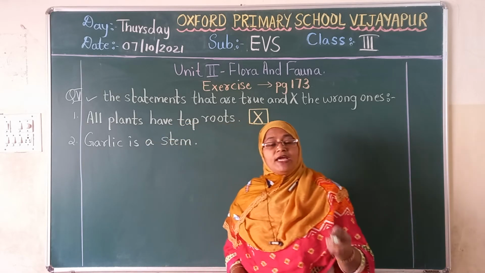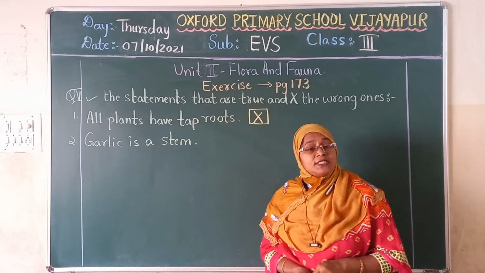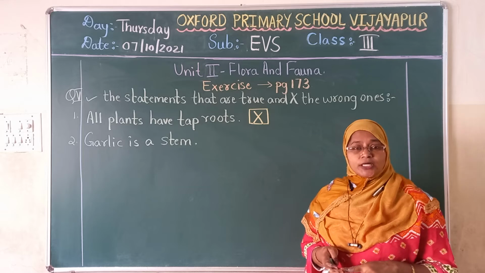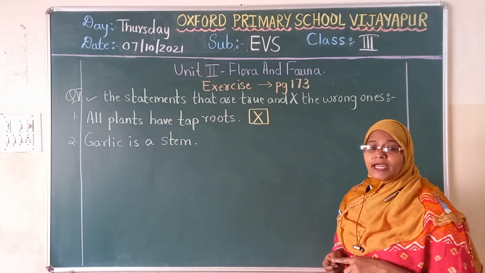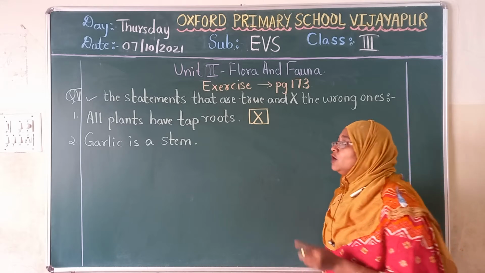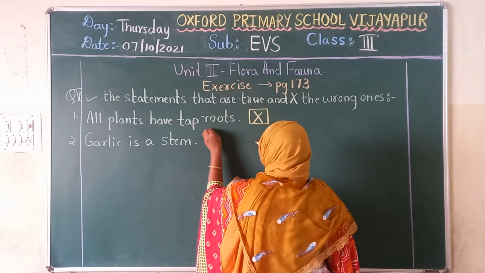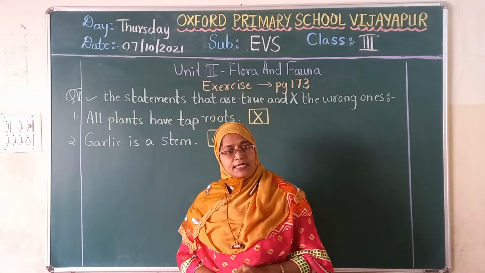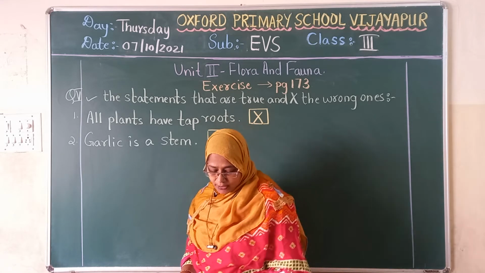So, we have learned about some underground stems. In that, onion, garlic, ginger, potato, sugarcane, we have read about some of these underground stems. So what you have to write here? Is it right or wrong? Right. So garlic is considered as a stem. The third one.